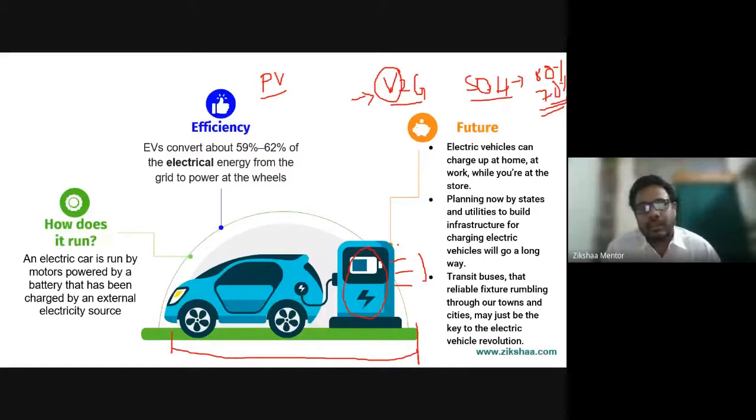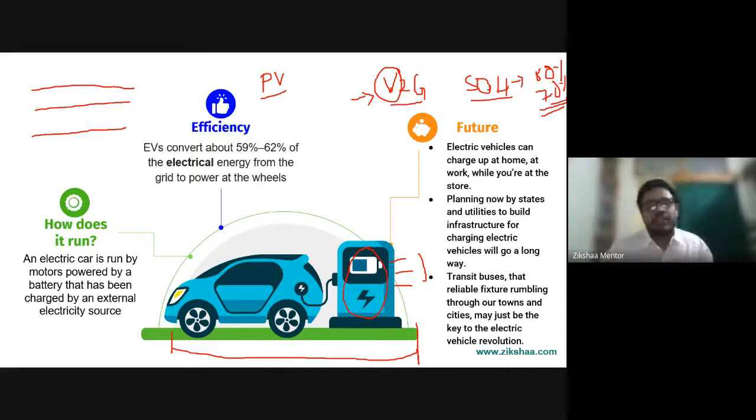Let's say we have 10 houses in a colony, and initially there was no electric vehicle, but now let's say 5 or 6 electric vehicles. Mostly people go off to the office around 10, come back around 7 or 7:30, and put their electric vehicle on charge, like you put your phone into your charger.